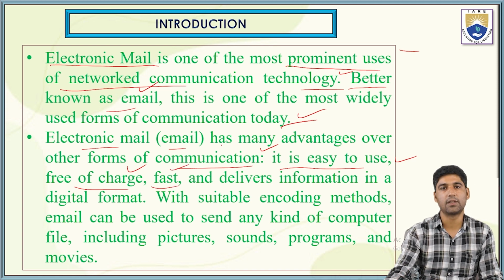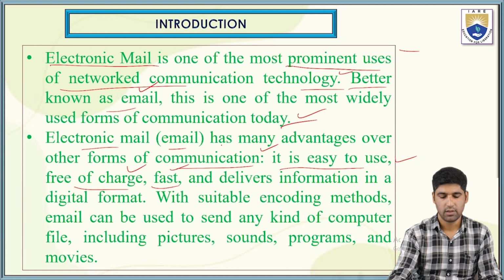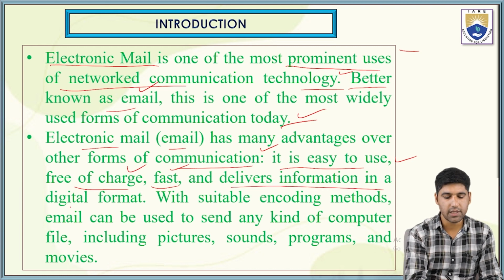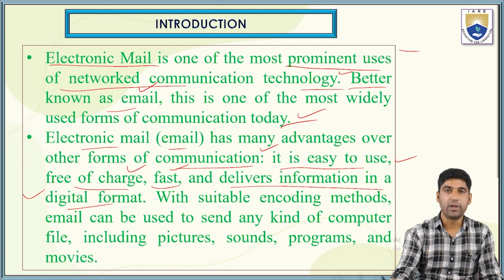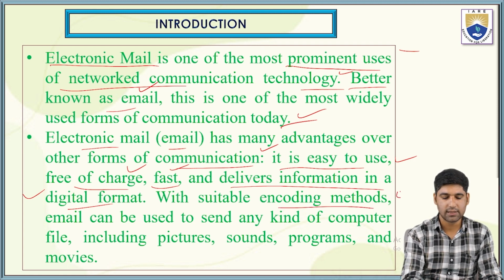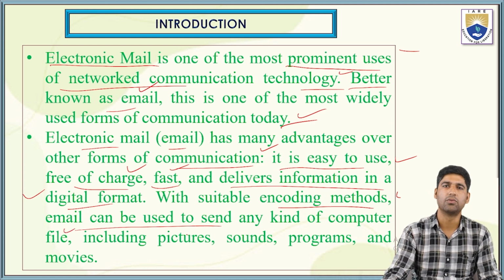It's faster than other forms of communication, and it delivers information in a digital format. Obviously, we are sending it online, with the help of a computer, cell phones, any electronic device. So it delivers information in a digital format with suitable encoding methods, and email can be used to send any kind of computer file.